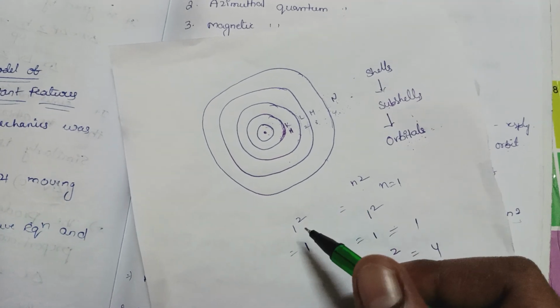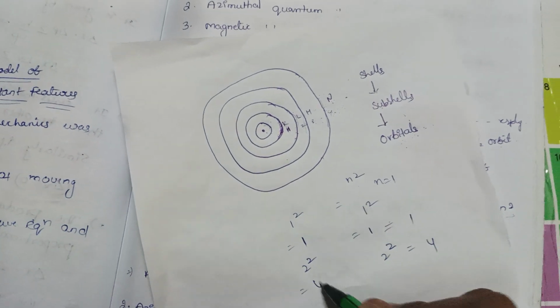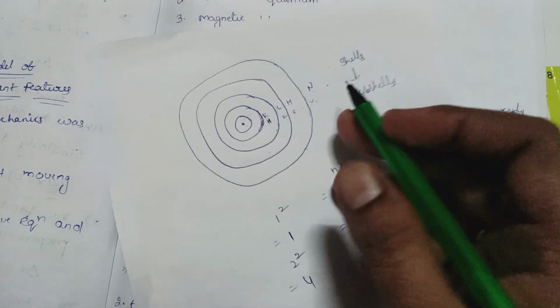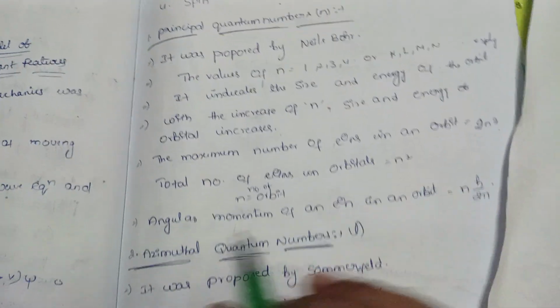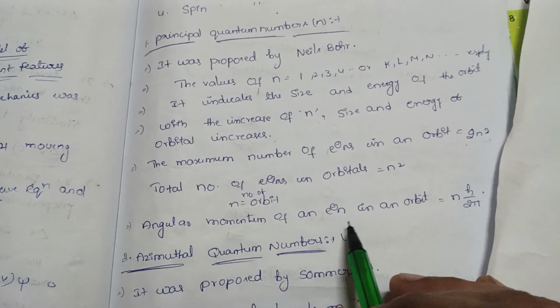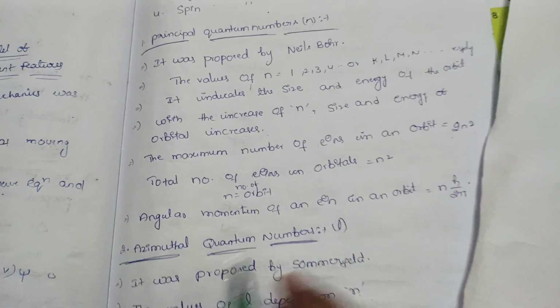For the second orbit, 2², which means 4. Like that we can calculate the orbitals in an orbit. The angular momentum of an electron in an orbit equals nh by 2π.